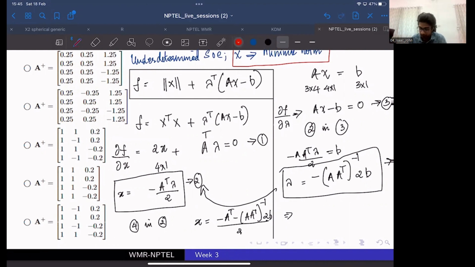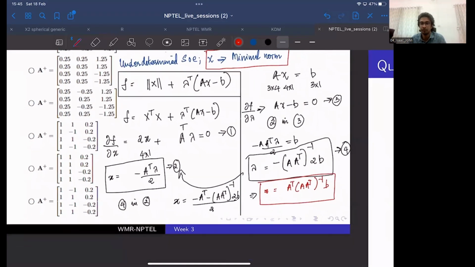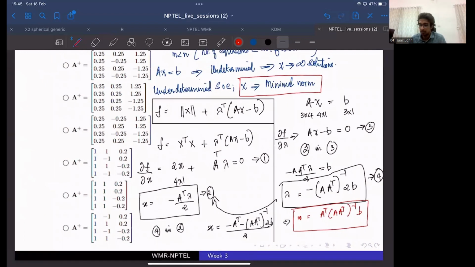The final expression of x would be A transpose (A A transpose) whole inverse b. This would be the final expression of x, the minimal norm solution of x. Out of all these infinite solutions, this solution corresponds to the minimal norm solution.